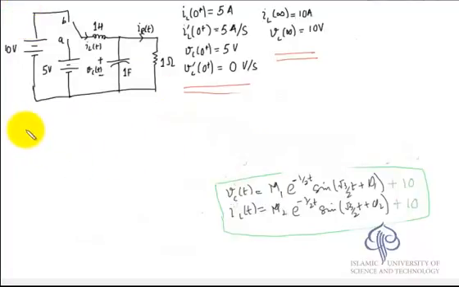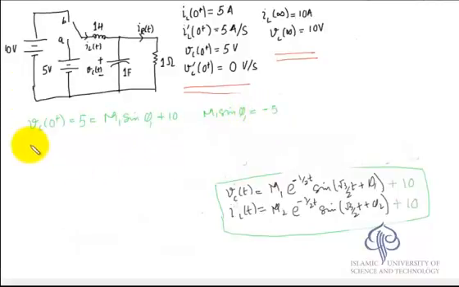So what is VC(0+)? VC(0+) is 5, and if you substitute 0 here on the right hand side, you'll get M1 sine phi 1 plus 10. So this gives us M1 sine phi 1 as minus 5.